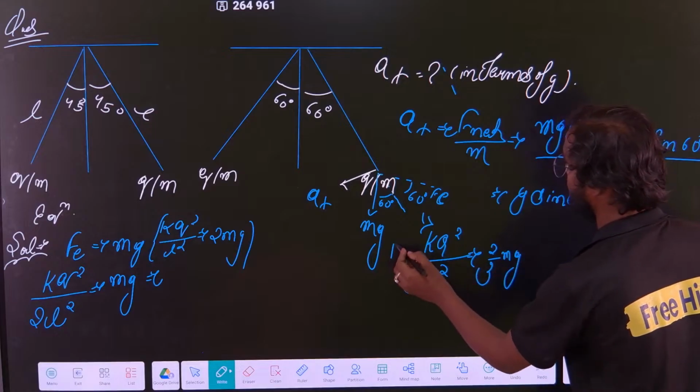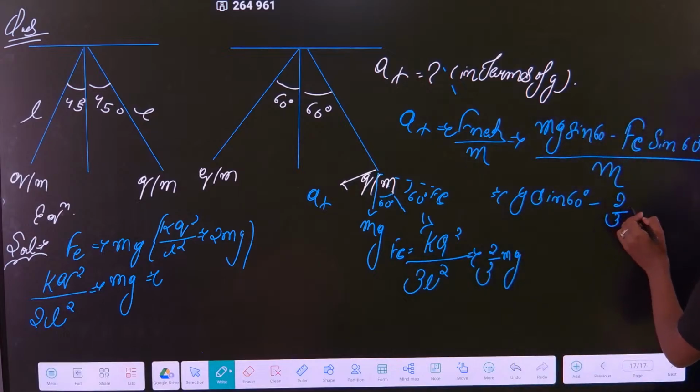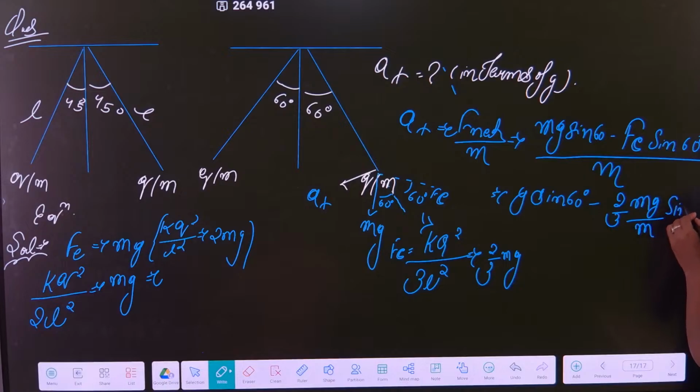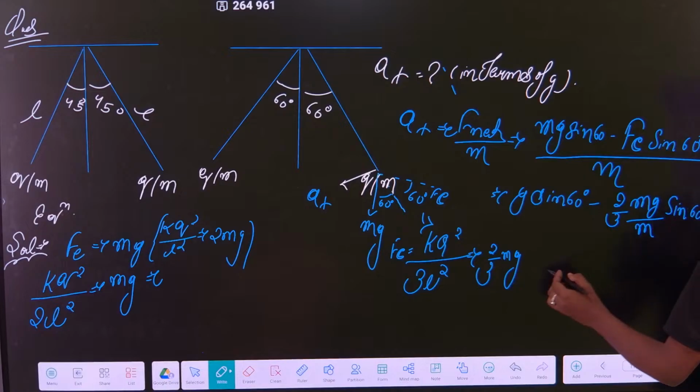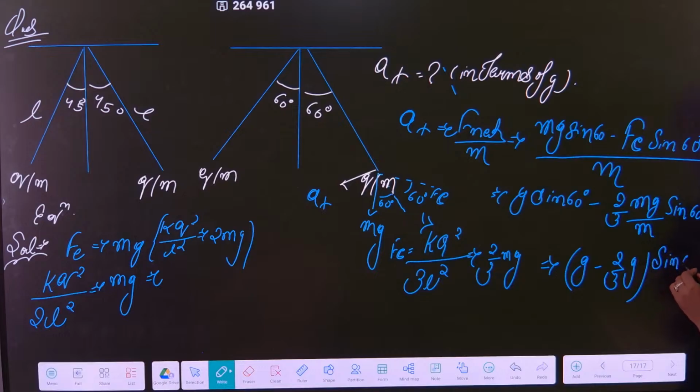This is my electrostatic force, so you can put it here. So you will get 2 by 3 mg divided by m into sin 60 degree. So g minus 2 by 3 into sin 60 degree.